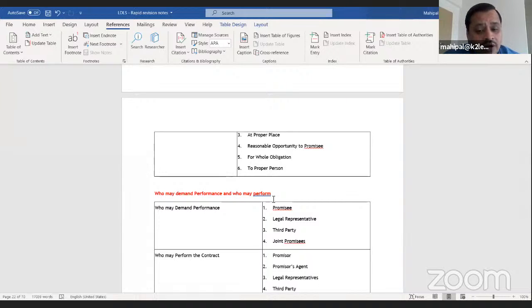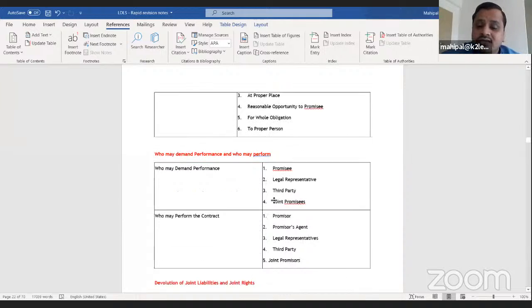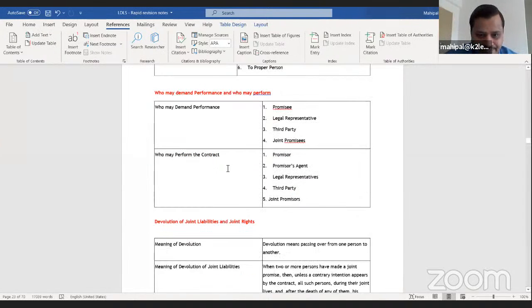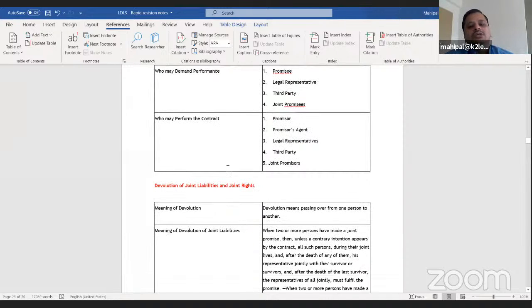Who can perform the contract? Who can demand the contract? Demand is by the promisee, legal representative of the promisee, third party, and joint promisees. Who should perform? Promisor, promisor's agent, promisor's legal representative, third party, and joint promisors. Joint promise.